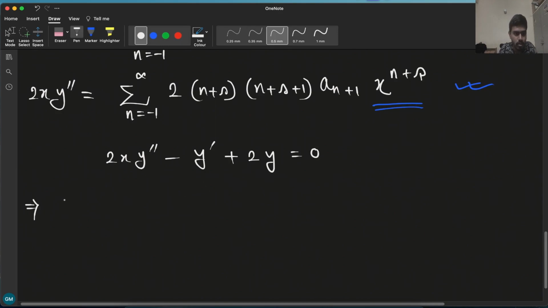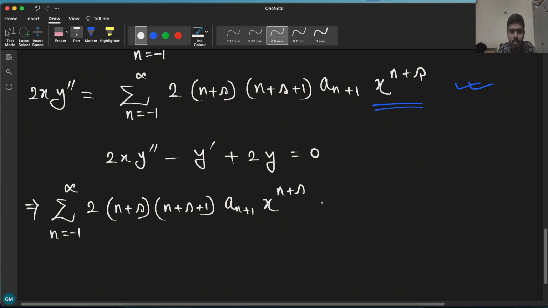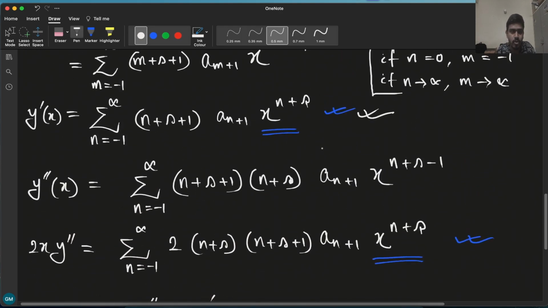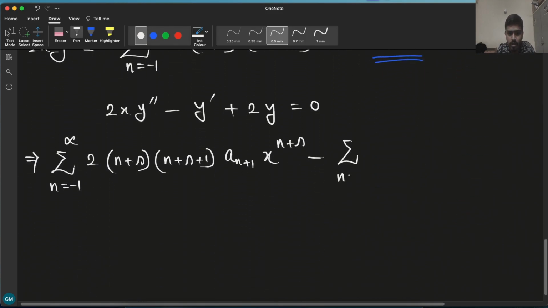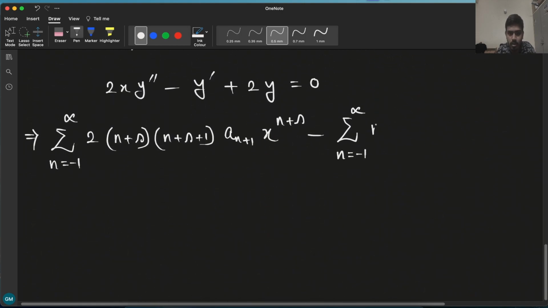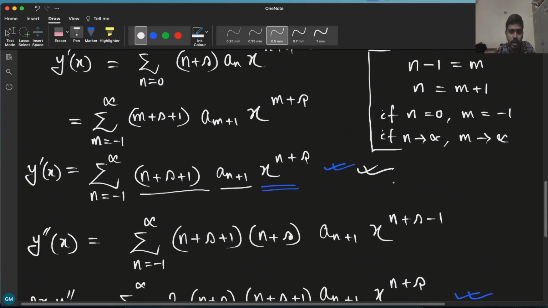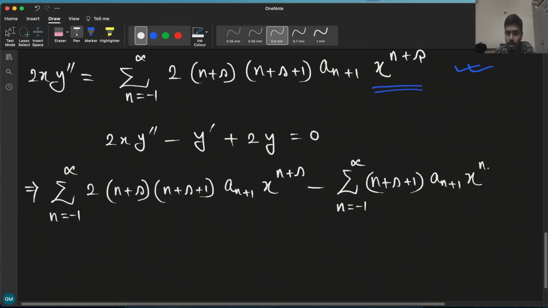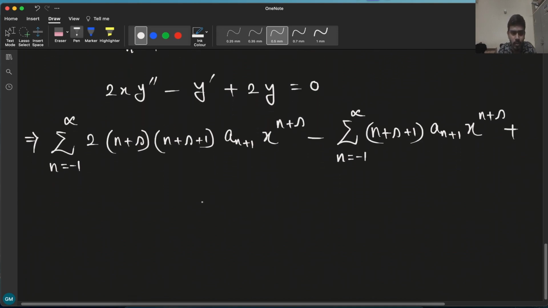Now I am putting in these values: the sum from n equals minus 1 to infinity of 2(n plus s)(n plus s plus 1) a_(n plus 1) x to the power n plus s, minus y dash, which is the sum from n equals minus 1 to infinity of (n plus s plus 1) a_(n plus 1) x to the power n plus s, plus this 2y term, which is 2 times the sum over n equals 0 to infinity of a_n x to the power n plus s, equals 0.